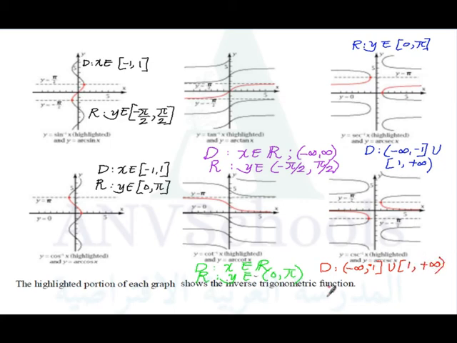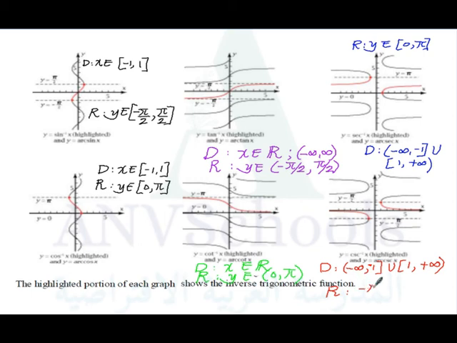And the range here is from negative pi over 2 going to pi over 2.